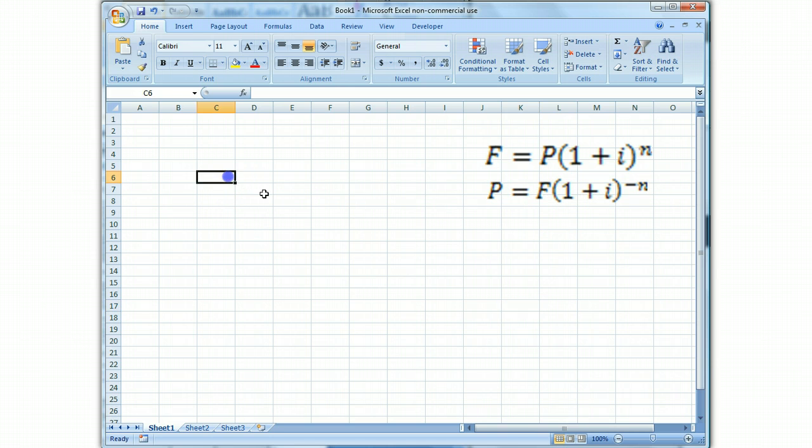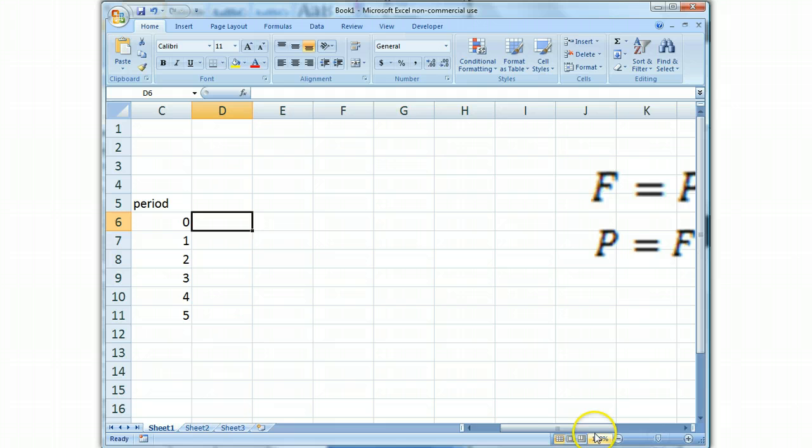So let's consider a very simple example in which we're going to have the period, at t equals 0, t equals 1, 2, 3, 4, and 5. The cash flows that we're going to have are negative 1000. Let me zoom in there a little bit for you.